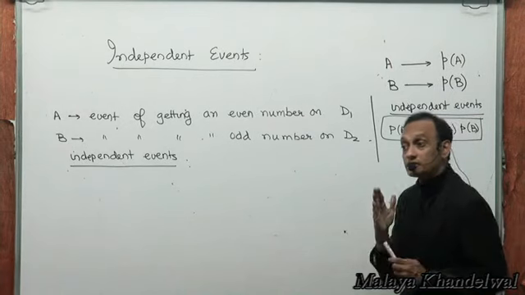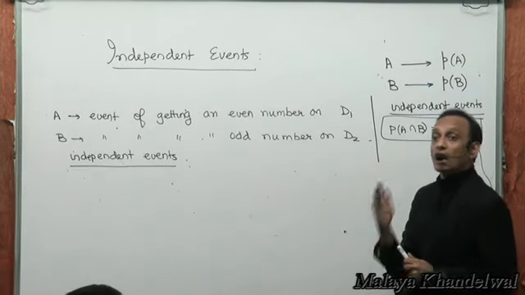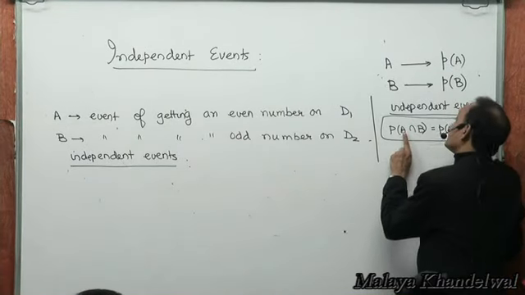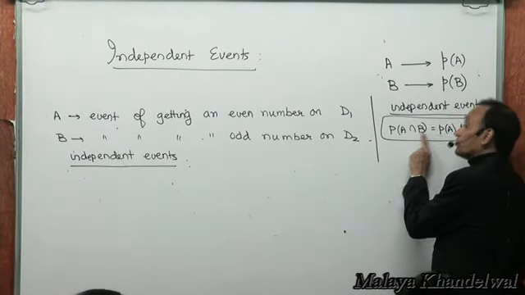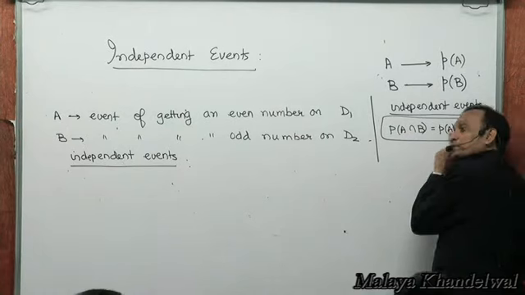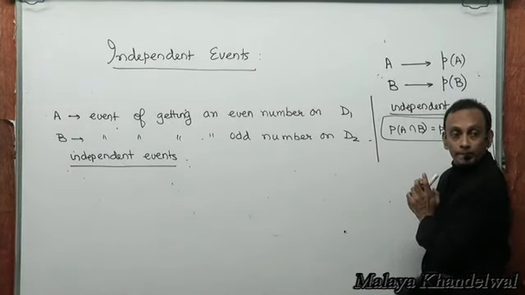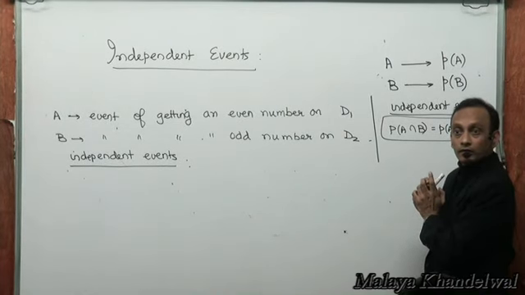If two events are independent events, then the probability of the two occurring together would be the product of their respective probabilities, right?